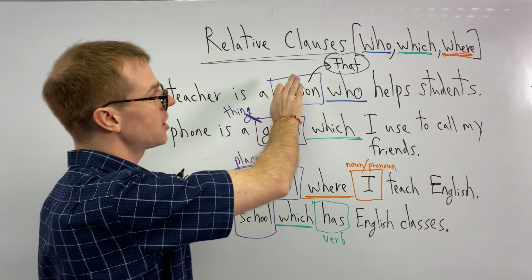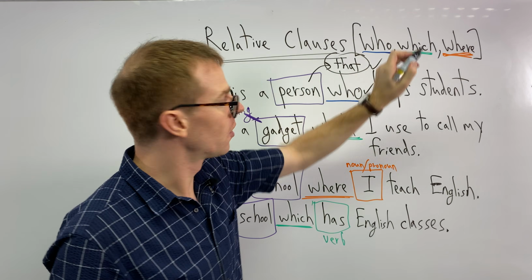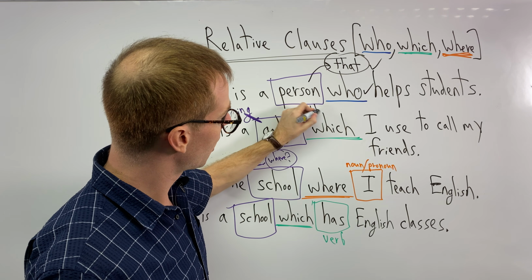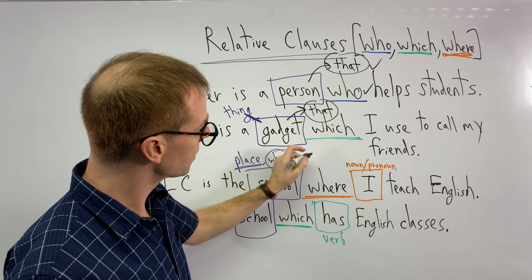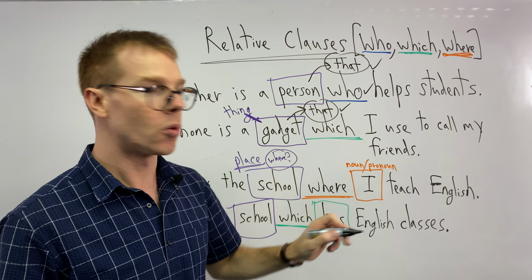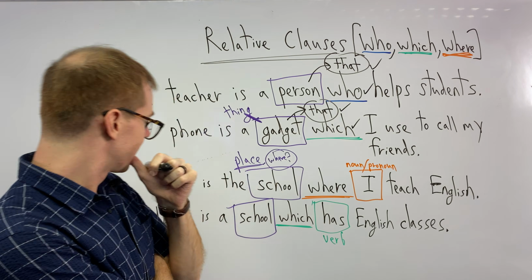A teacher is a person that helps students. Who? Okay. That? Okay. For which we can also use that, right? A phone is a gadget that I use to call my friends. That? Okay. Which? Okay.